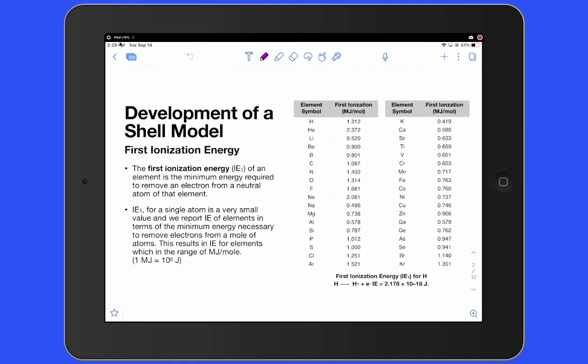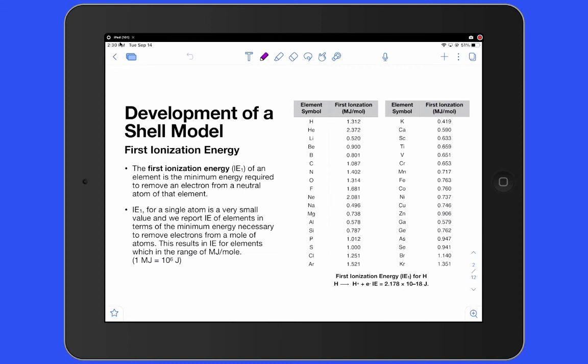So this table, these are the energies required to remove one electron from an atom. Now, we've switched units, that's okay.